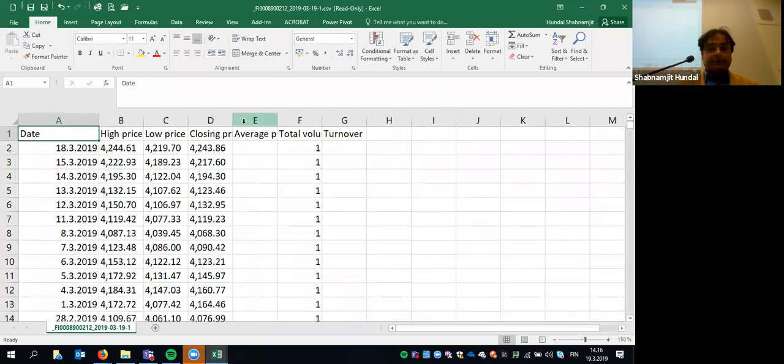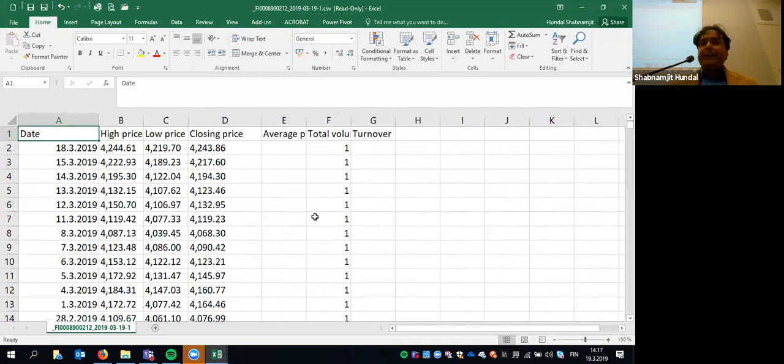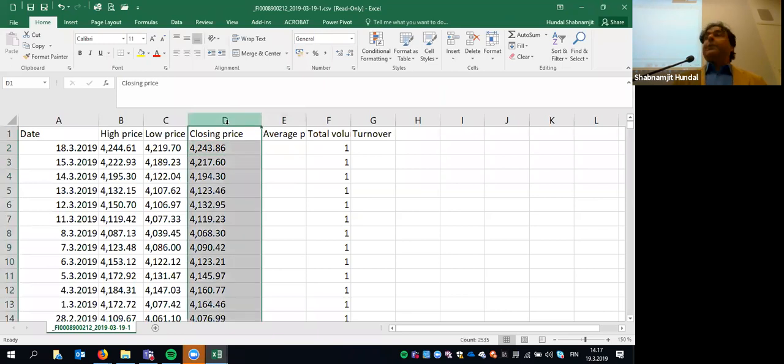I don't need the whole, can somebody tell me why is this average missing? Because it's not relevant for an index, right? So what I'm going to do is, you said that to calculate the return, we need the closing price, yeah?